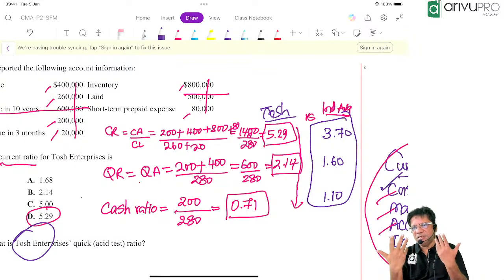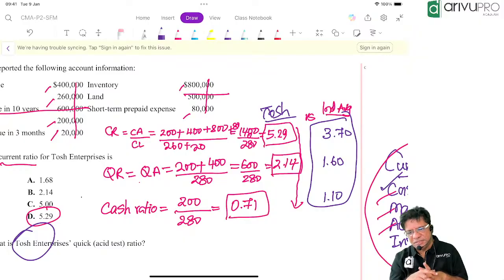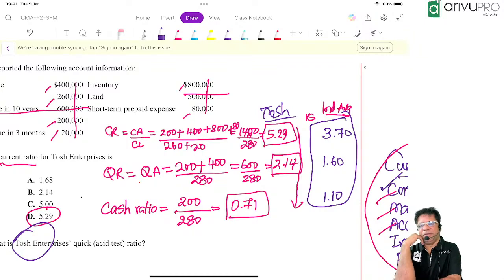We can understand where we are going wrong or going correct. My first question to you, if you are the Tosh Enterprises finance manager: is your current ratio good? Are you happy? Do you sleep nicely? 5.29 versus 3.7. Do you feel proud?